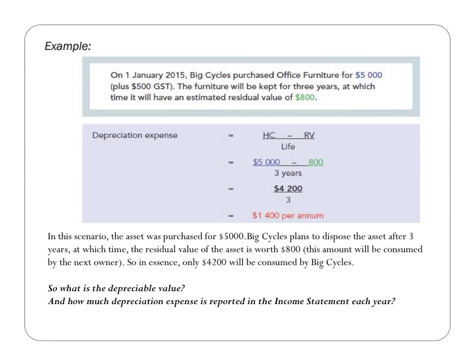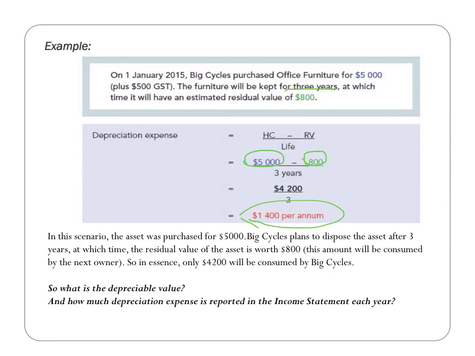The historical cost in this case is 5,000 minus the residual value, that's how much the furniture is going to be worth at the end of its useful life, $800 in this case, divided by 3 years, its useful life. And you get $1,400 per annum, the depreciation expense per year.